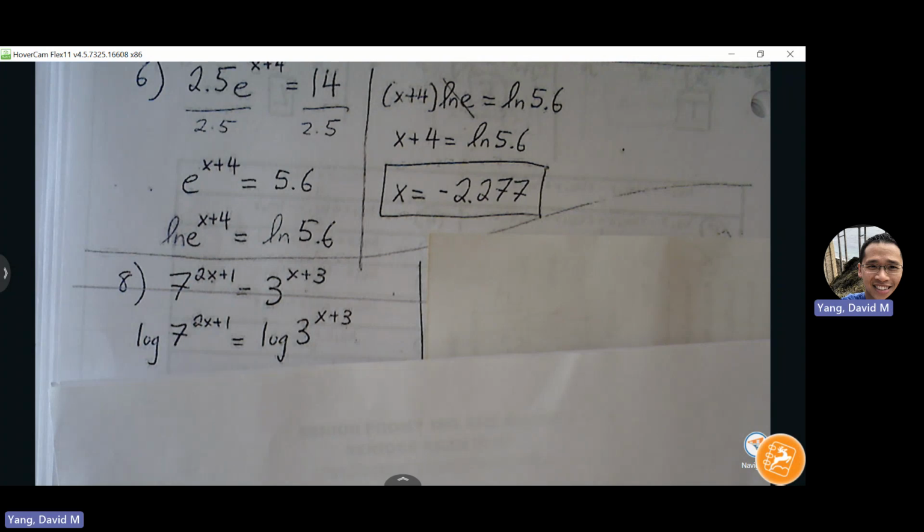Now, once that 2x plus 1 comes down and x plus 3 comes down, we have to do something with that log 7 to distribute.